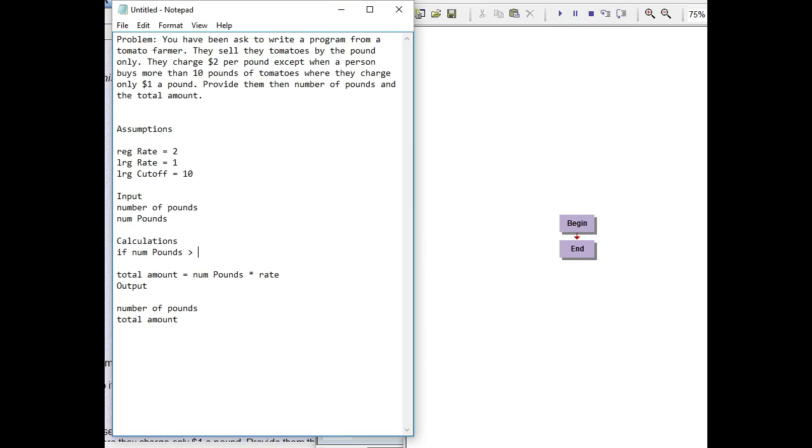If it's greater than 10 pounds, but really it's greater than the large cutoff. Okay, we don't put any numbers in our calculations. If that is true, then the rate, and I'll copy that, is going to be equal to the large rate, since greater than 10 is a large order. That's $1 a pound.